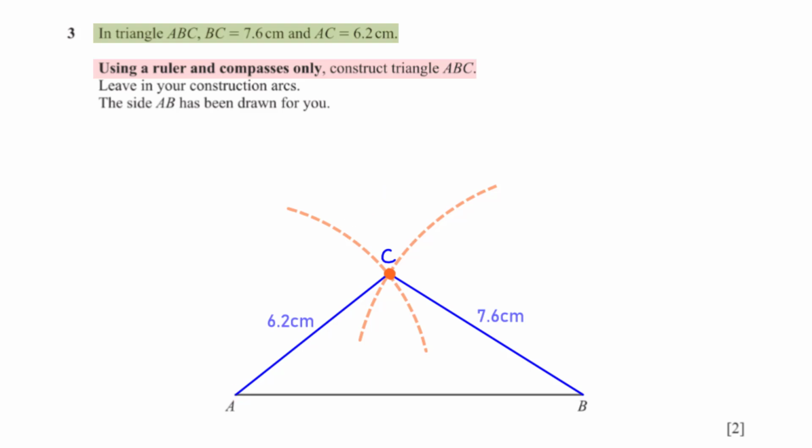Then open your compass to 7.6 centimeters, stand at point B and construct another arc. The intersection point of the arcs is the point C. So now draw a line from point A to point C and draw another line from point B to point C to complete the triangle.